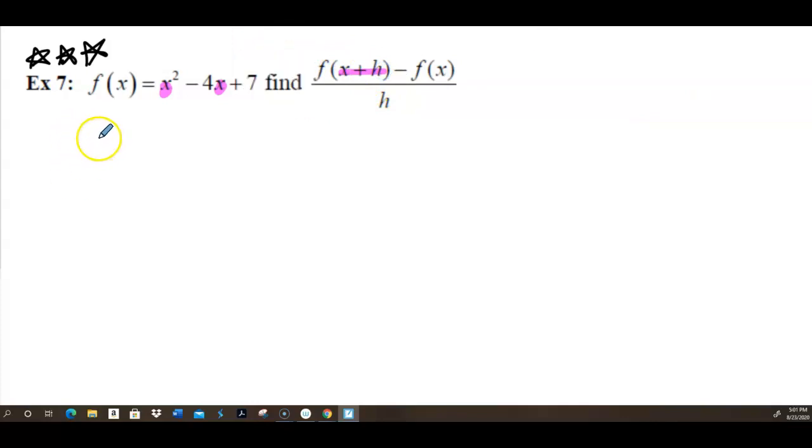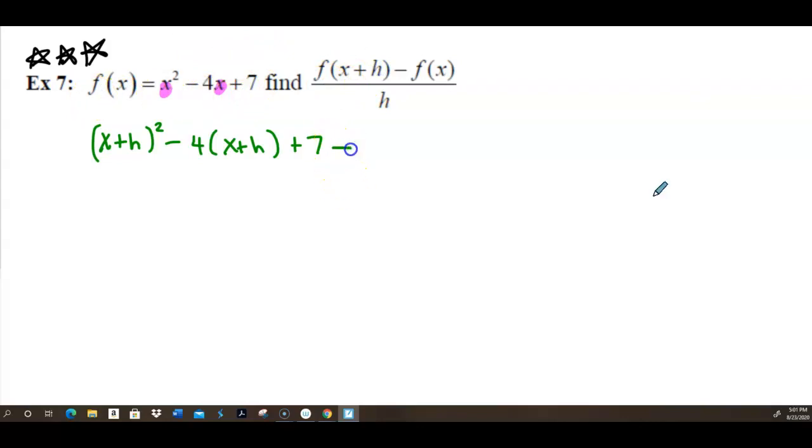So let's do that. So now I have x plus h squared, subtract 4 times x plus h plus 7. And now it's subtract f of x. So now we are subtracting f of x, which is that function.